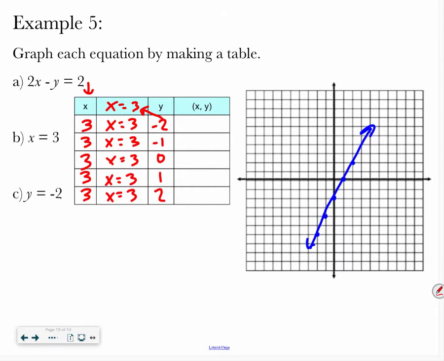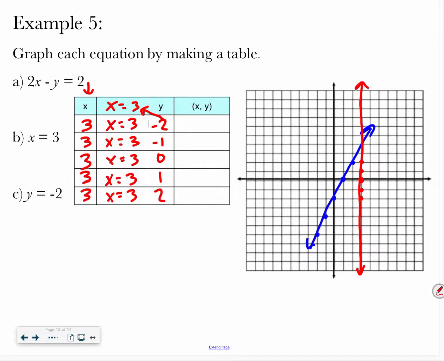So when y is negative 2, x is 3. When y is negative 1, x is 3. When y is 0, x is 3. Same with 1 and 2. So that means when you have an x equals a number, you're going to have a vertical line that looks like that.